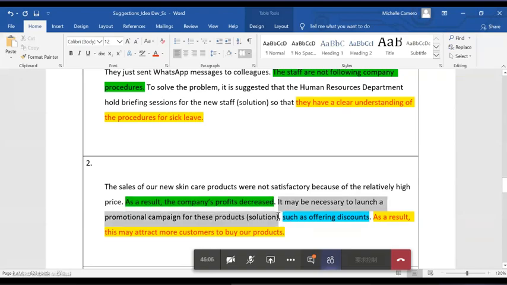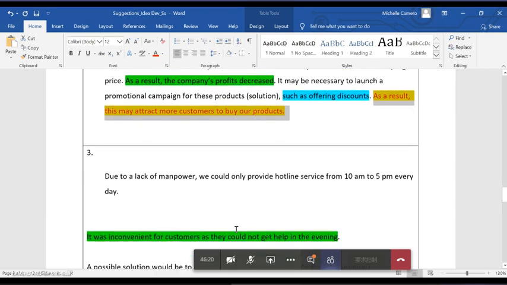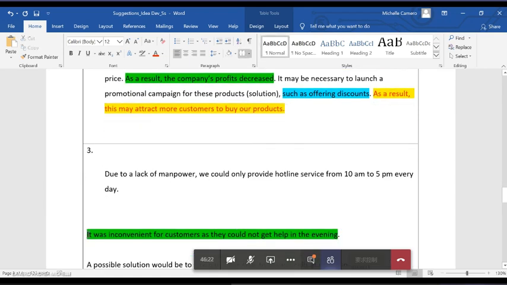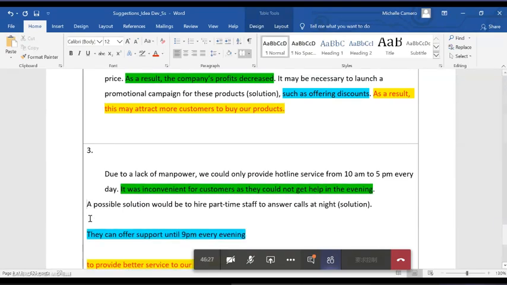Then here is the solution. Here is an added idea, more extra details about the solution. And then here is the advantage of the solution. And remember, the advantage is not optional. You must add that. All right, then for 3, we have this here.